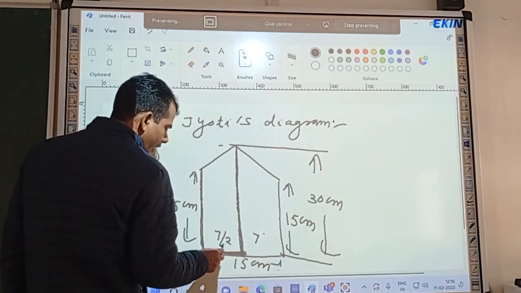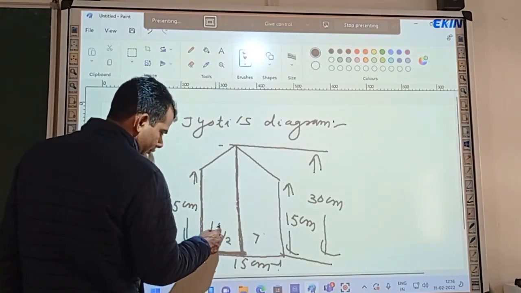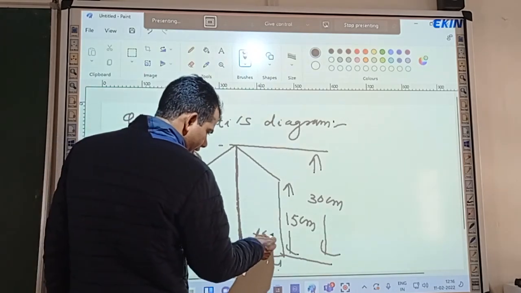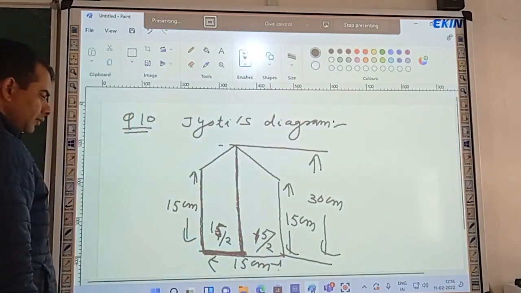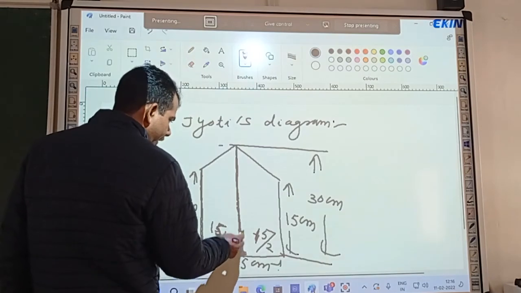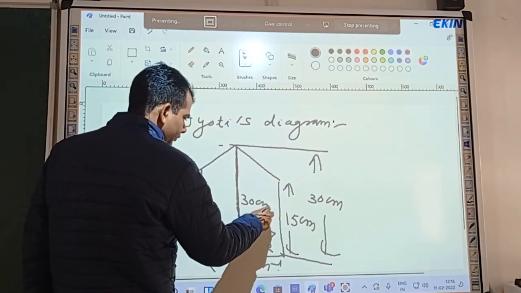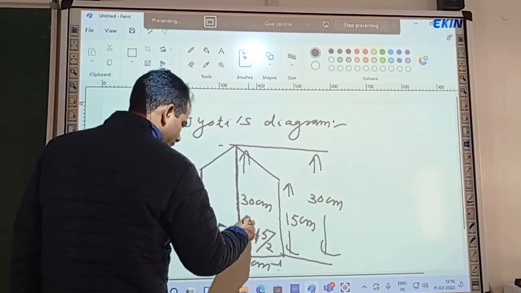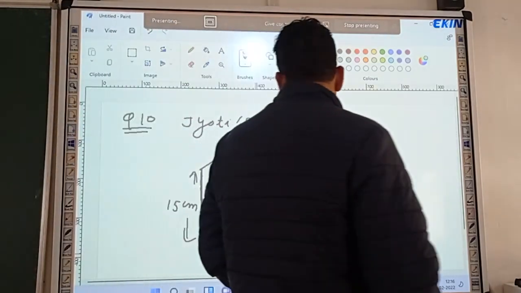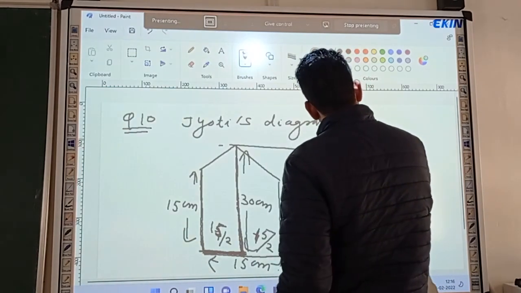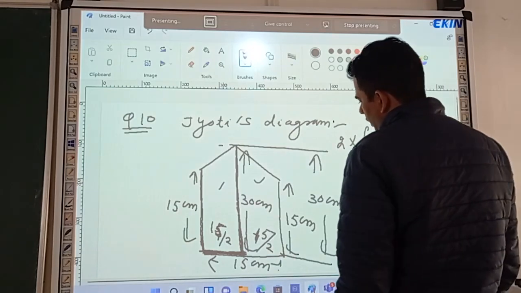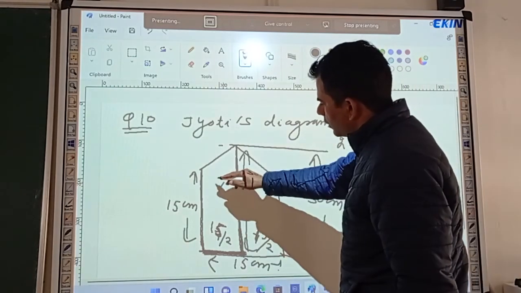This is 15 by 2, this is 15 by 2. It is 30 centimeter. These two are equal in area, and it is a trapezium.